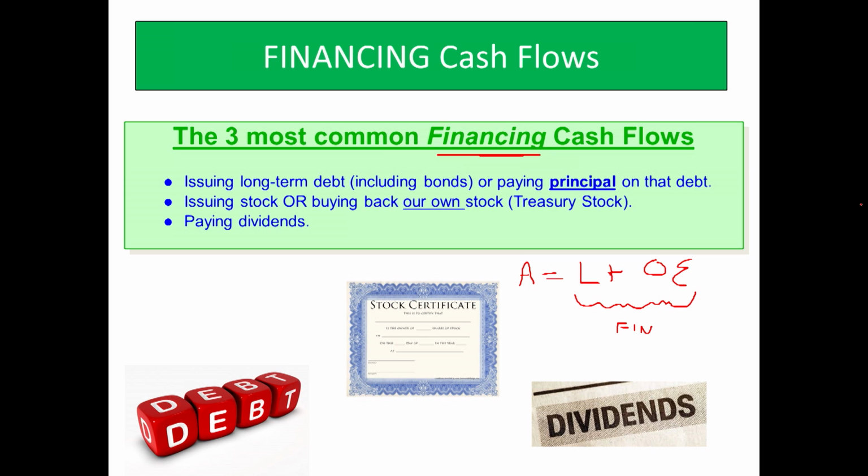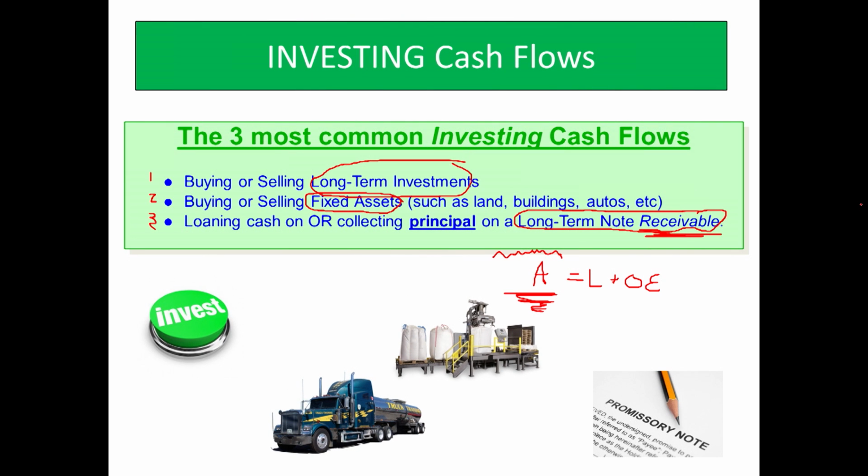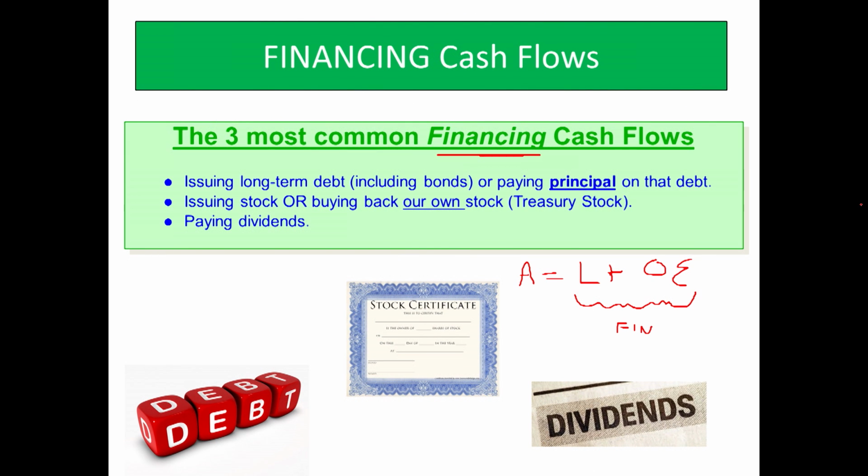Now, take a look at these financing cash flows and take a look at the previous slide of the investing cash flows. I want you to recognize that these transactions occur in a business, but do you see how they're not going to occur on a daily basis? Or they're not going to occur in the daily operations, every day.